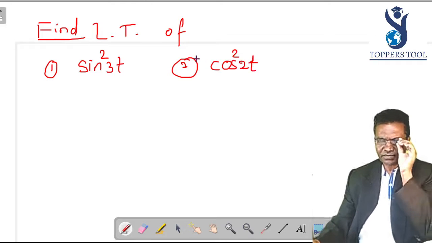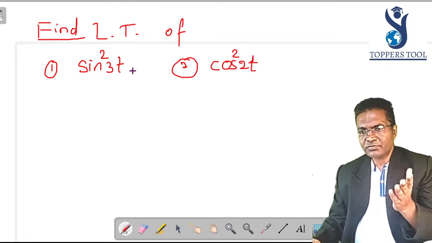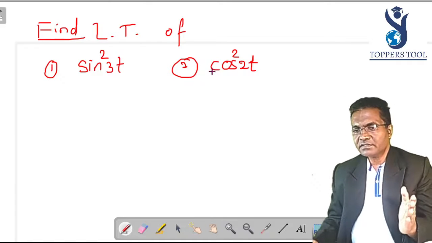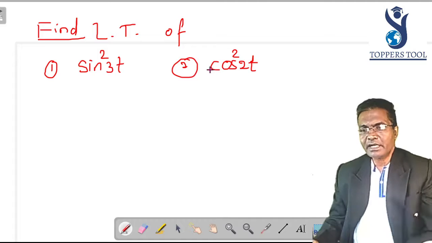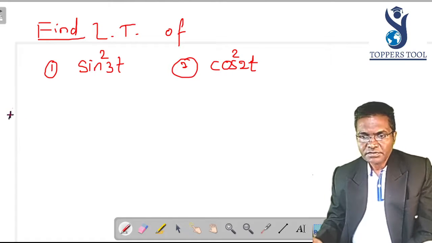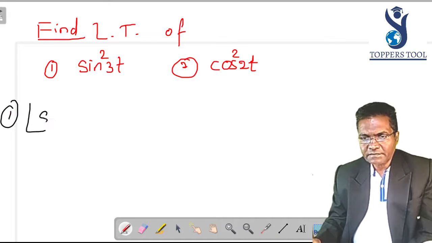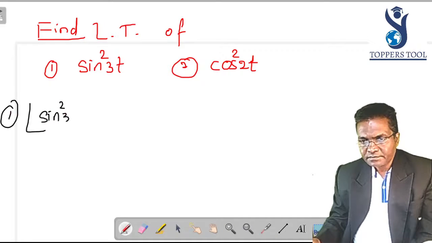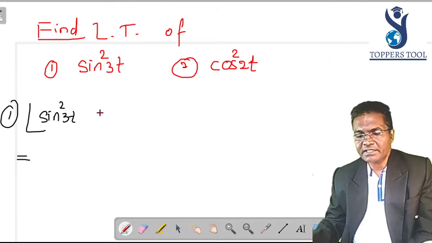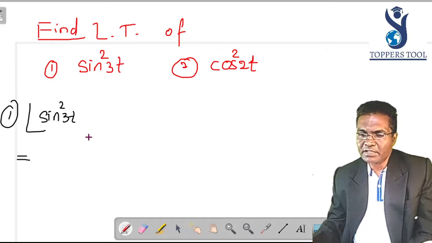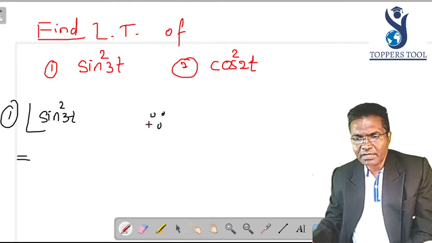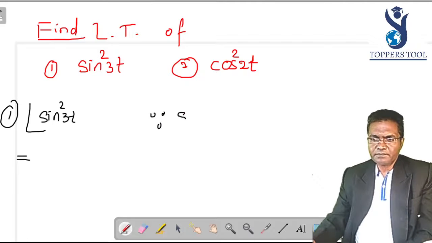Okay. So as I mentioned, if you get square, there are direct formulas for this. Otherwise, you can convert sine square into sine into sine, cos square into cos into cos, and apply the transformation formula. Both the options are with you. Okay. So L of sine square 3t. There are two options. One, you can write sine into sine and use the transformation formula sine A sine B. Otherwise, better you remember every time, don't apply the transformation formula, and the simplified version is this.